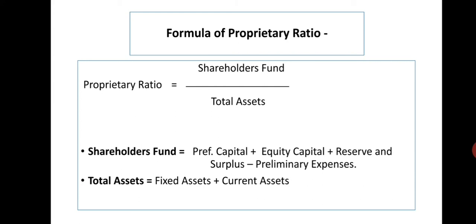Proprietary ratio is equal to shareholders fund divided by total assets. So already I have told you, shareholders fund means preference capital plus equity capital plus reserves and surplus minus preliminary expenses, and total assets means fixed assets plus current assets. So these together constitute total assets.